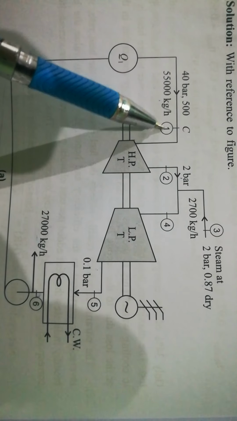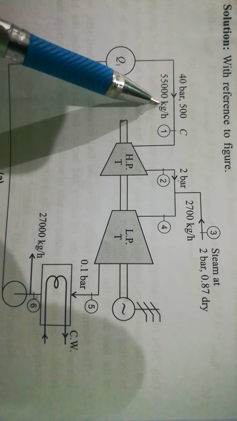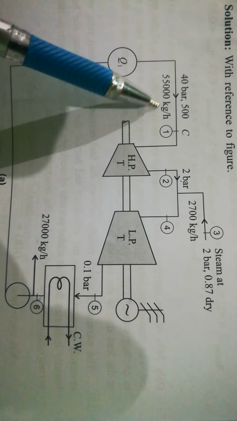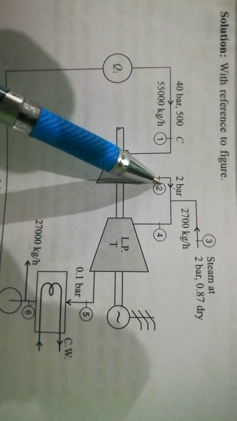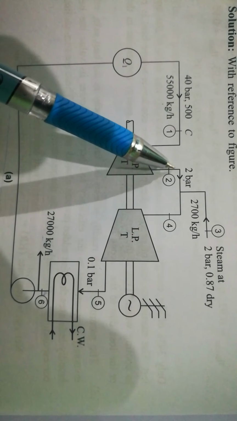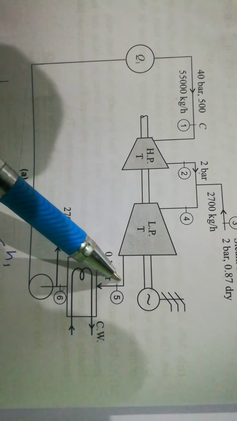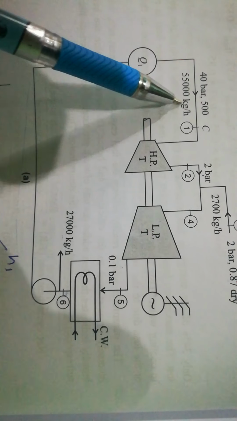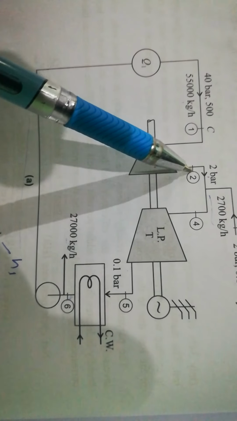Here the flow rate at that point is 5500 kilogram per hour for H1 minus H2, and then for H4 minus H5 the flow rate is the addition of this plus this, which becomes 8200.